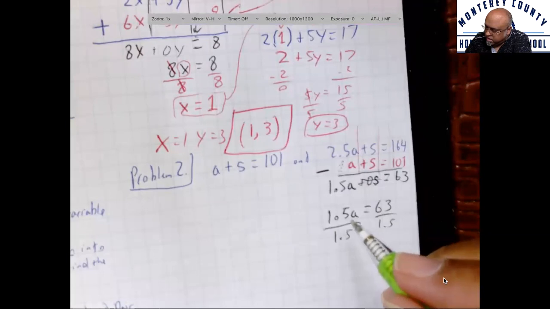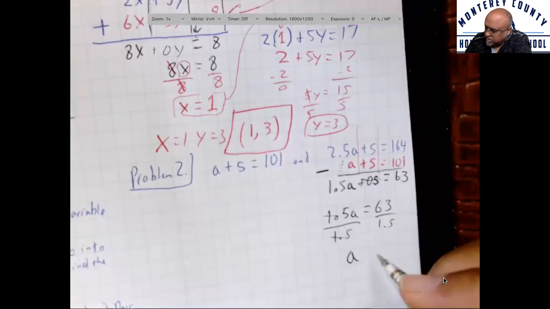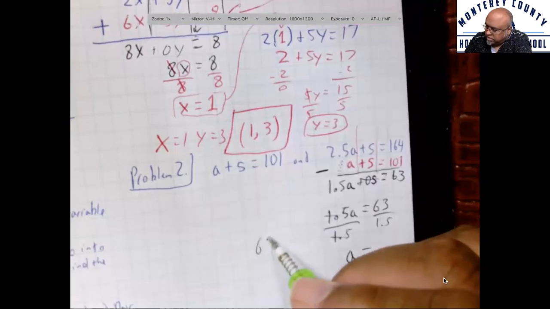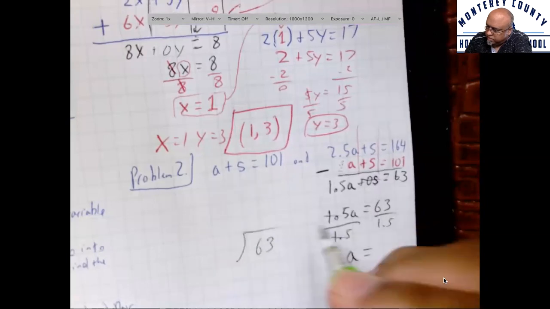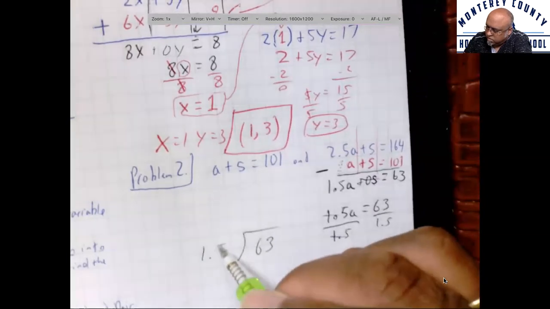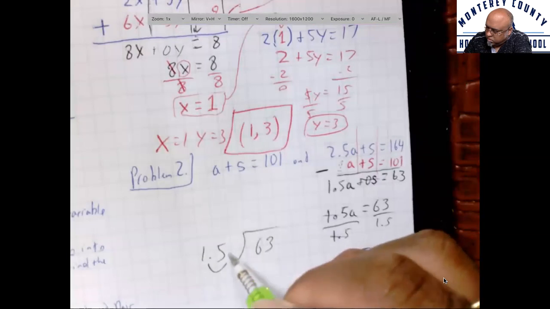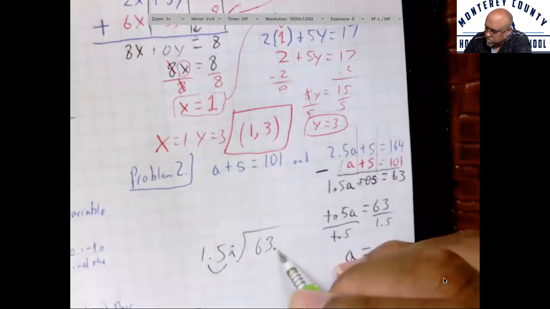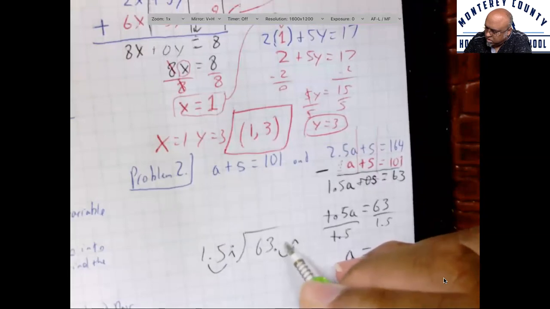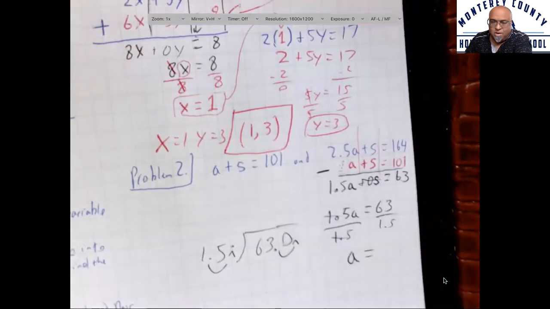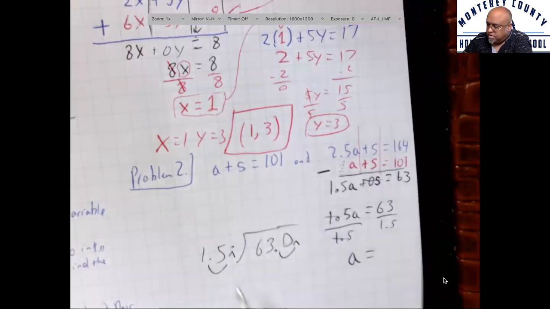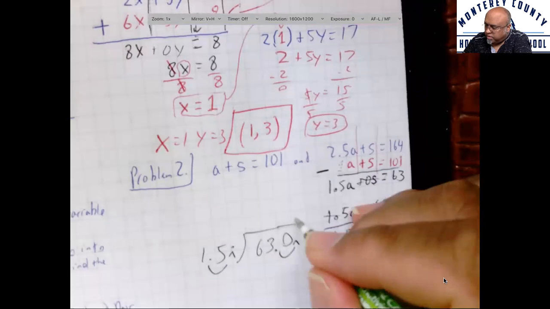Okay, now that cancels out. Now to solve this one, I must eliminate my decimal in the divisor and move it over the same number of places in the dividend.